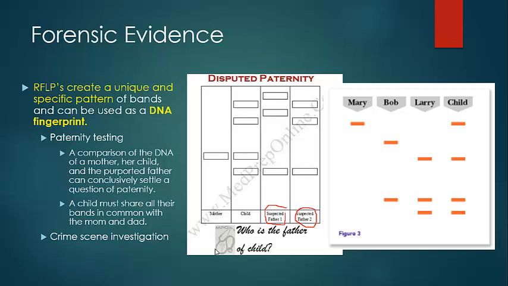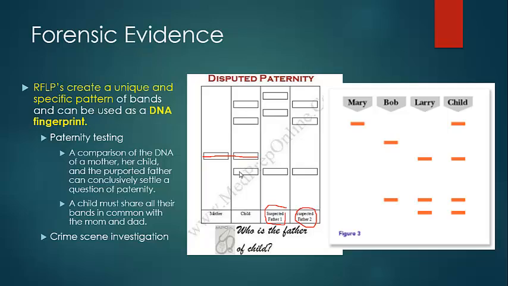A child is going to share all of their fragment lengths, all of their RFLPs. They need to be shared in common with both their mother and their father. So if you look at the child, he got this RFLP here from his mother. That means that these 3 other RFLPs need to come from the father.